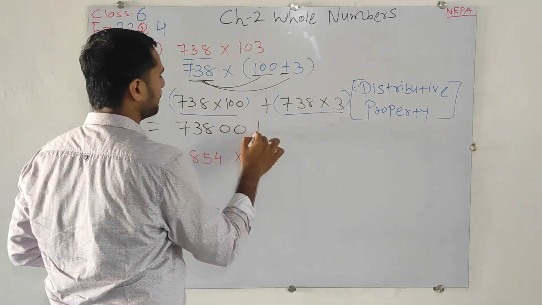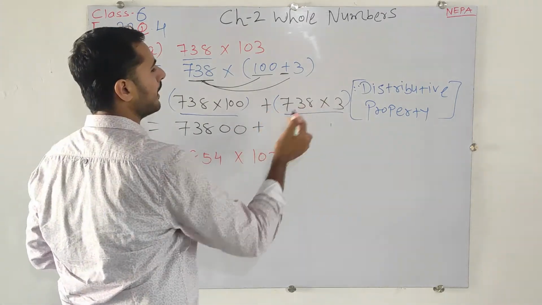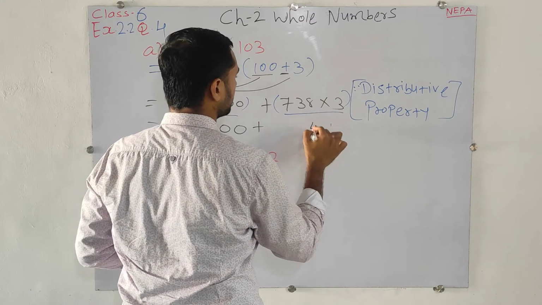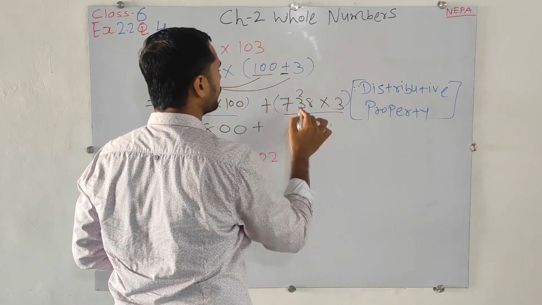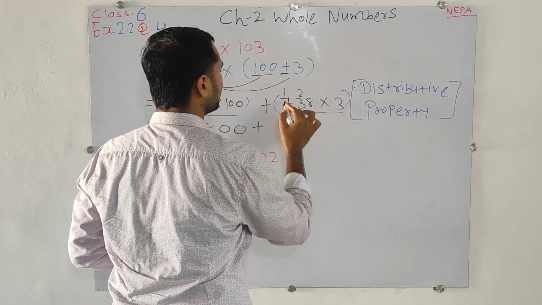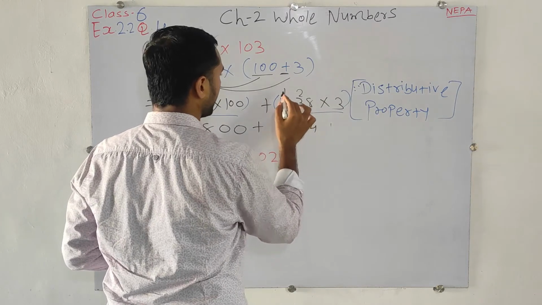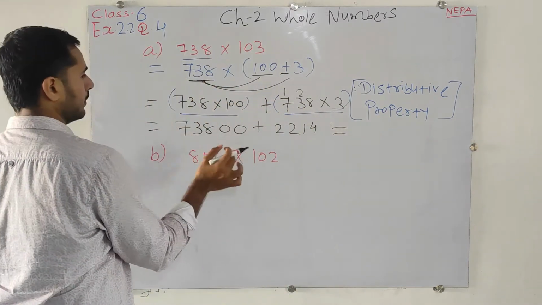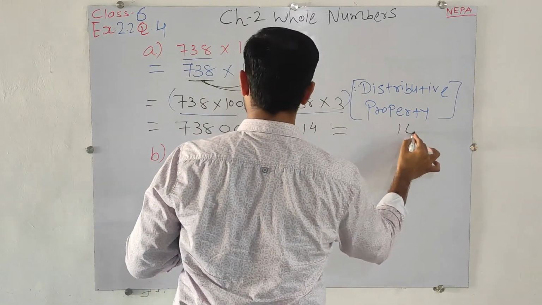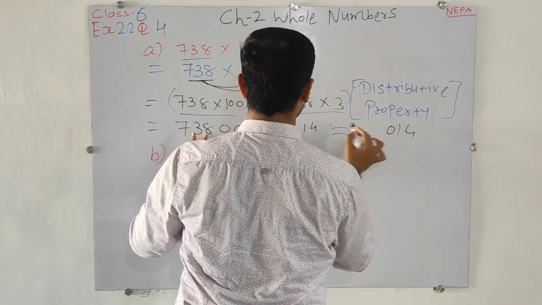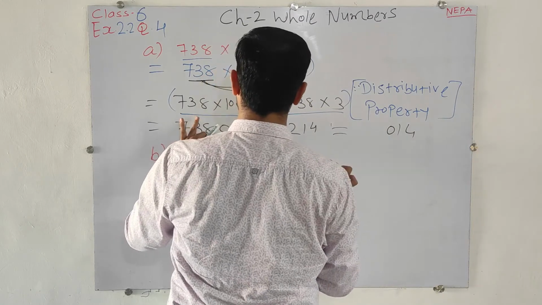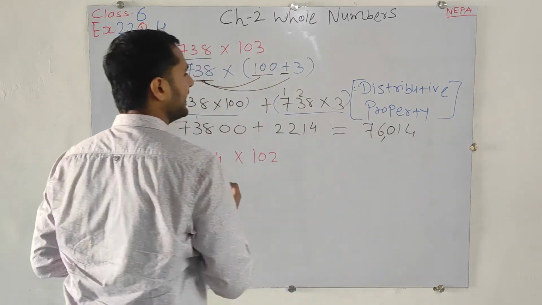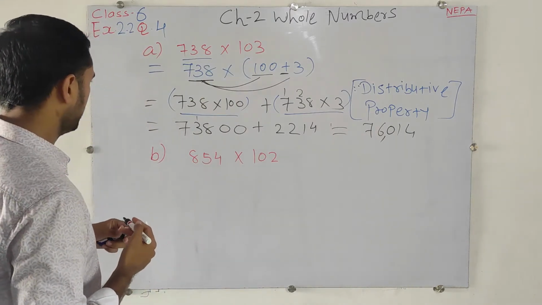73800. Okay, and plus this is 738 multiplied by 3, so it will be 8 3s are 24, 2 carry, 3 3s are 9 and 2 is 11, 1 1, 3 7s are 21 and 2 is 23... that is 22. Okay, so just add this, so that's 14 as it is. Now 8 and 2 is 0, 1 carry, 3 and 1 is 4 and 2 is 6 and 7 as it is, 76,014.